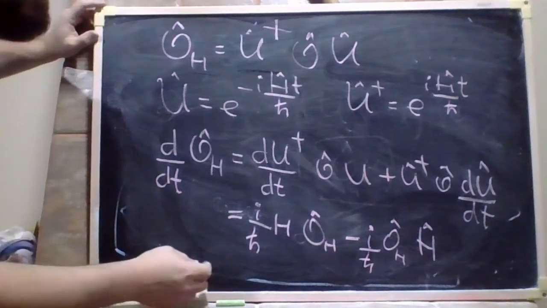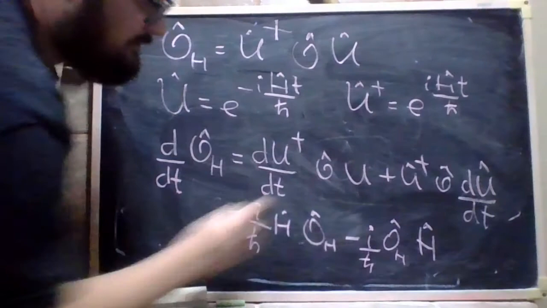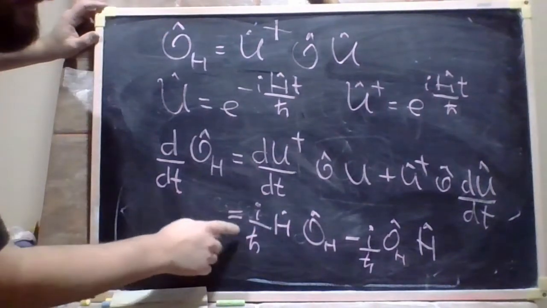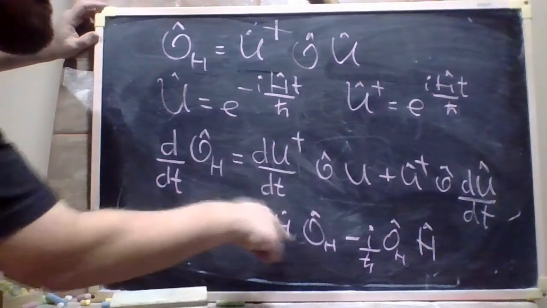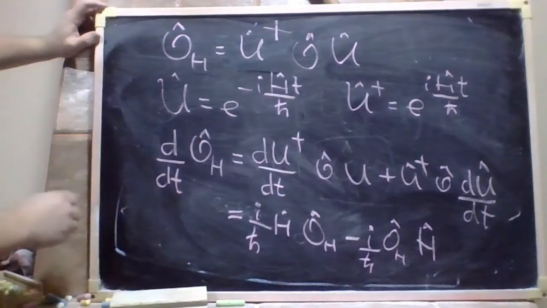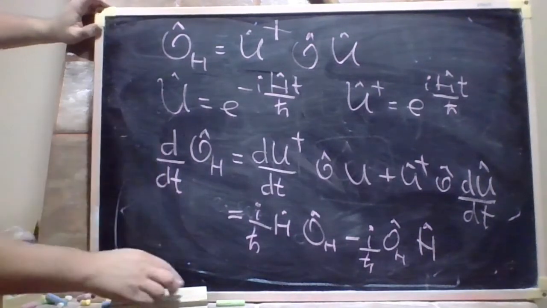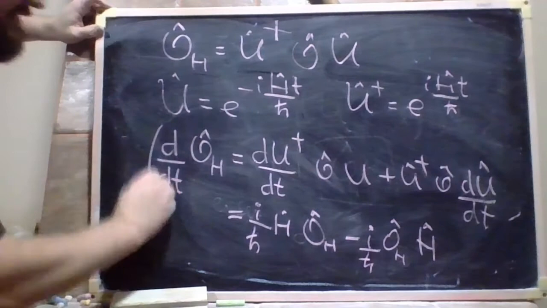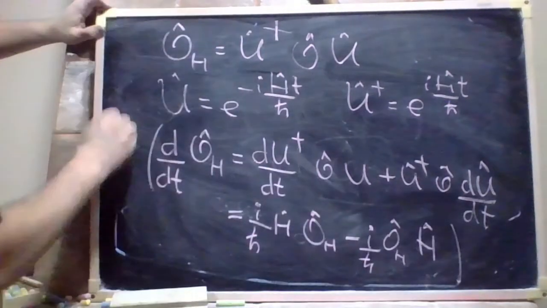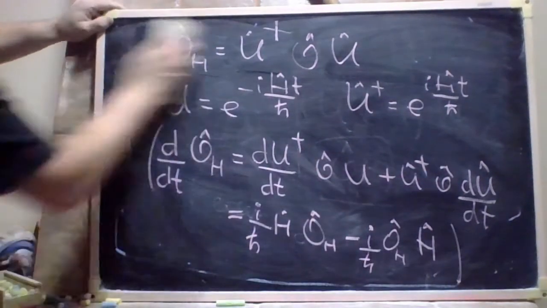So it appears right here. You can now multiply everything by i h bar. So do that. Multiply the whole equation by i h bar.